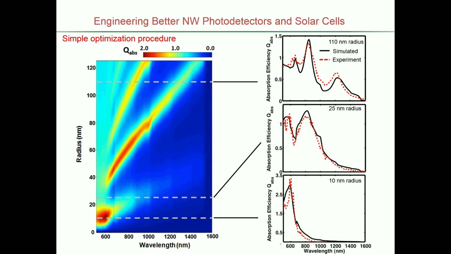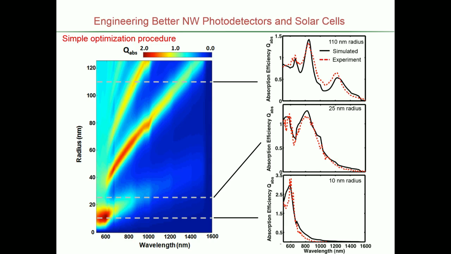And if you start making many of these measurements, you can start creating maps of the absorption efficiency versus the radius of the wire and the wavelength, and in there the red regions that have absorption efficiencies of up to something like 2, you can see areas where we get the right size to absorb very strongly at this well-defined wavelength.